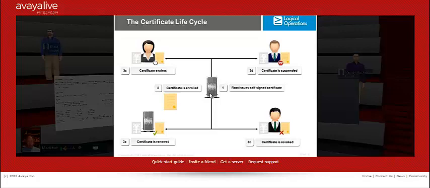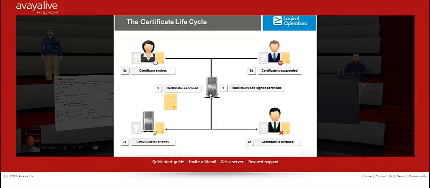Now, a certificate can potentially be renewed. A certificate can expire. That's normal, by the way. Certificates have an expiration date. They expire. They're supposed to. That's normal. Now, there's a couple of situations that may require you to take steps prior to the designated expiration date.